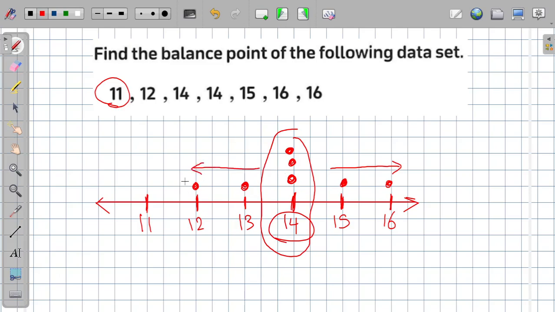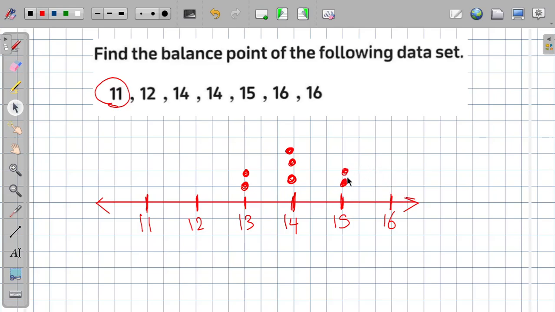Okay, so if we want to continue to make all dots above one number, so I can say that 12 I will move it to 13 and 16 I will move it to 15.